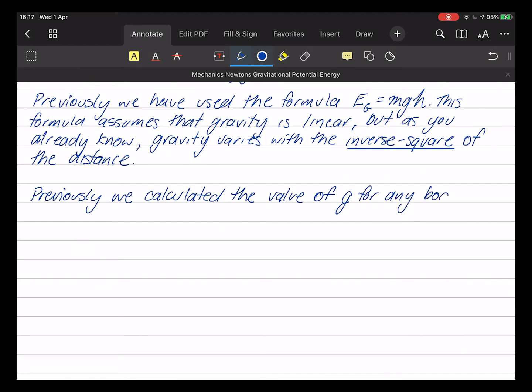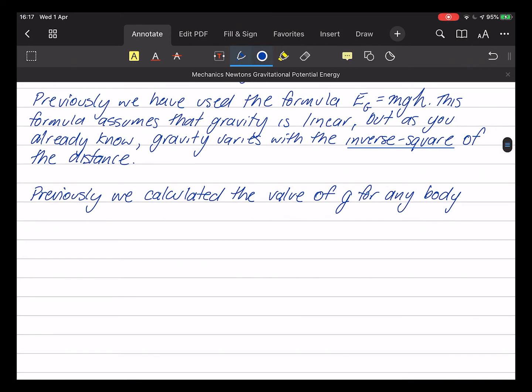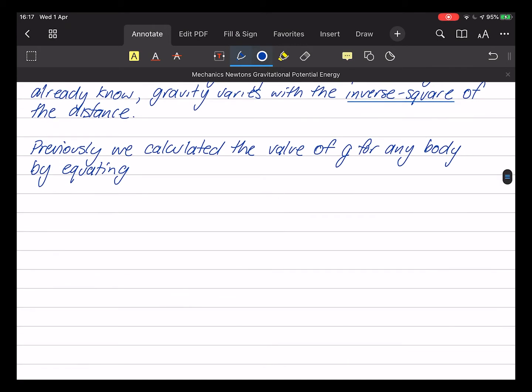It could be a moon, by equating Newton's second law with, let's abbreviate it, Newton's universal law of gravity.